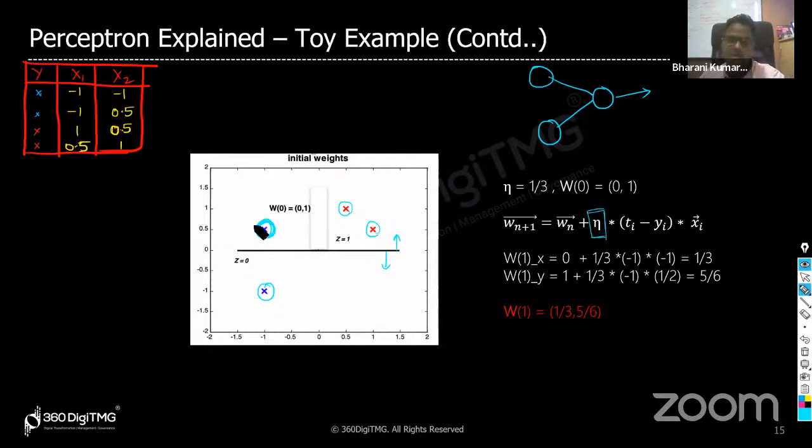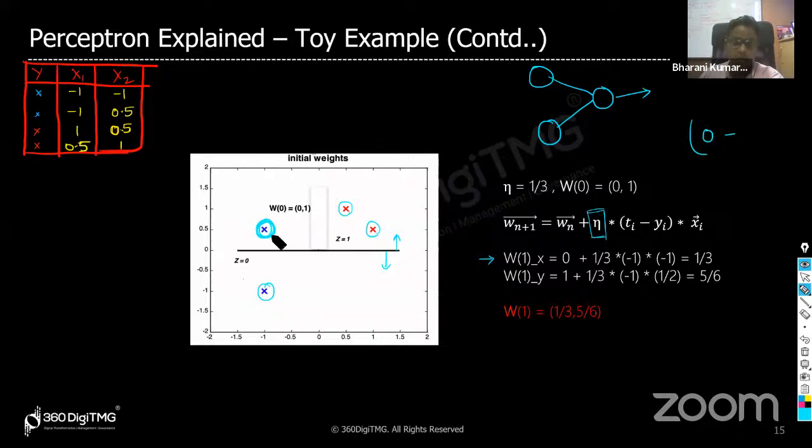So whenever there is misclassification, your weights should be updated. The new weight is equal to the old weight. What is your old weight? 0. Plus eta value, 1 by 3, into the actual value minus predicted value. Actually, this is Z equal to 0, blue.